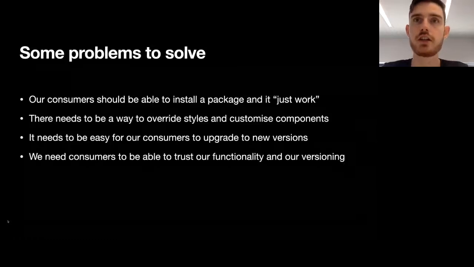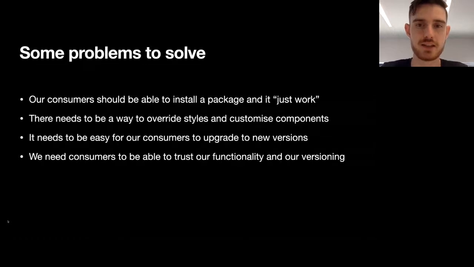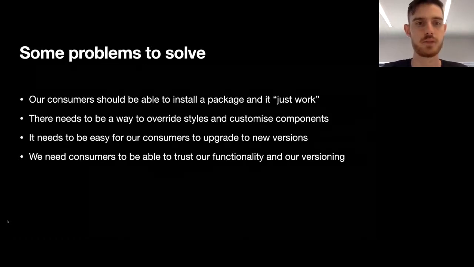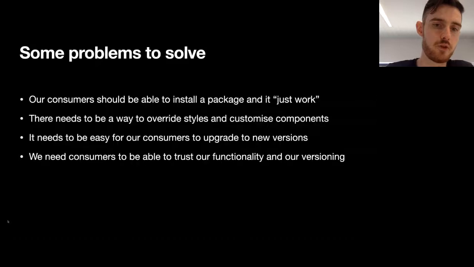And then to go alongside that, we need all of our consumers to be able to trust us. They need to trust the functionality itself so that they're willing to use it, and also trust the versioning so that they can rattle through versions when we release them without having to feel scared and need to do a lot of independent testing on those things. So these 4 points are 4 things that I came up with as being key problems to solve within the architecture of building this library.